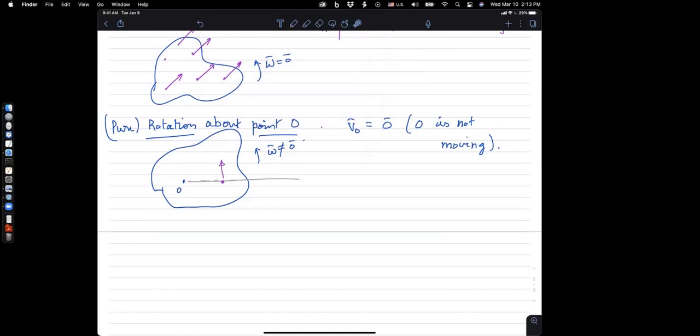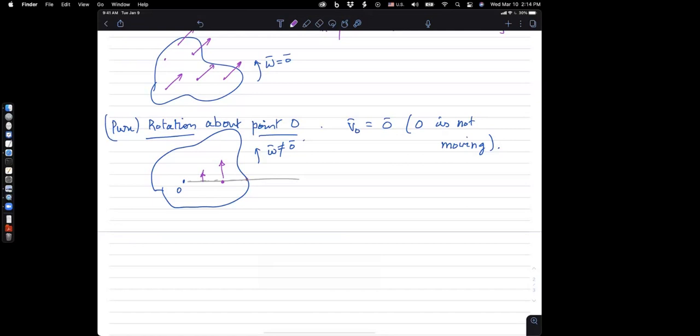What about a point here that's halfway between this point and this point? Same direction, half the magnitude is right, half the velocity. Basically it's in the same direction, but it's half the distance, so it's going to be half the velocity.